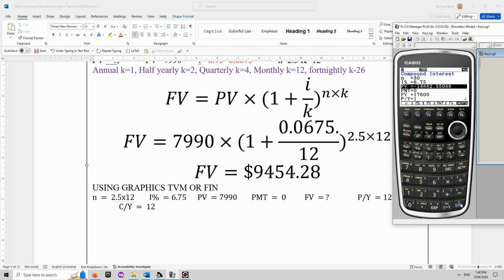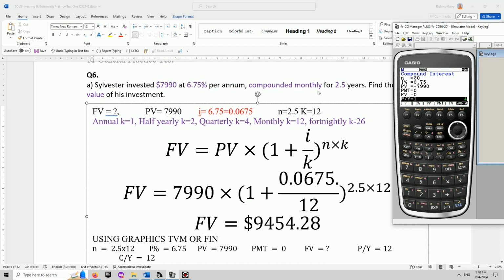PV is an investment, so minus 7,990. Payment is 0, no payments. Future value is a question mark, so I'm going to write a 0 there because I'm looking for it. Now P/Y, monthly, has to be 12. Generally they change both at the same time, but make sure they're both 12.